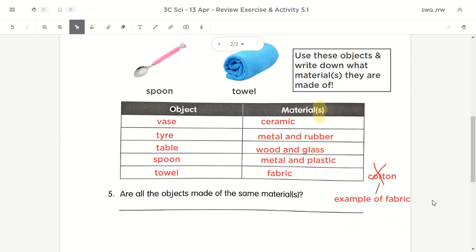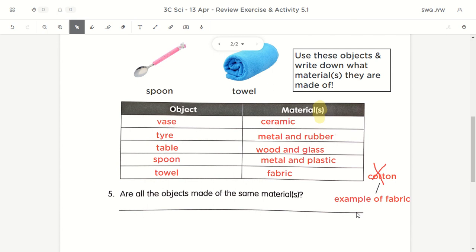In a sense, it's not the group of material that we're studying for this topic. There are 7 different groups of material: ceramic, metal, rubber, wood, glass, plastic, and fabric. Okay, so you only know these 7 different groups of material. Under each group there are examples. For example, under fabric, you have cotton, silk, polyester, and other things that can be considered fabric.